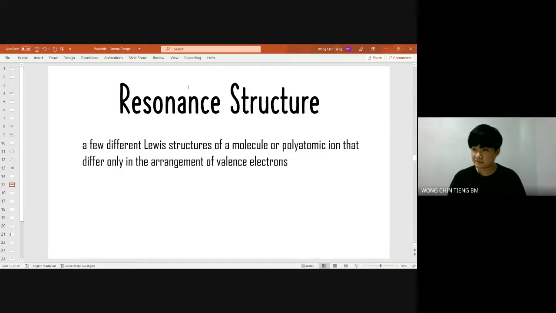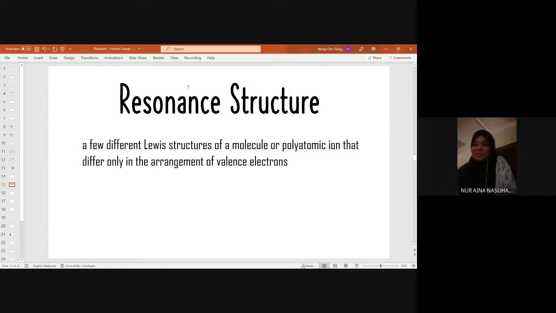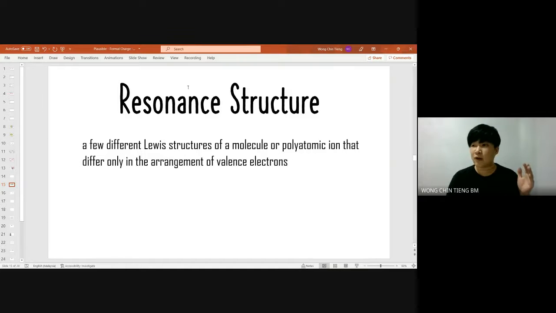Aina? Lone pair. Thank you. Alright. I insisted on this from the beginning: whenever a double bond sits there, one thing must change along with it, which is your lone pair. Agree? And that is the most important thing in resonance.